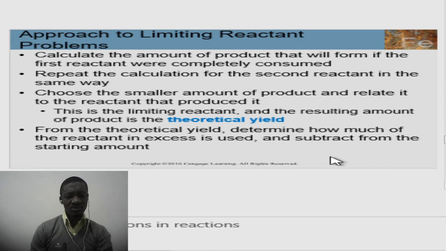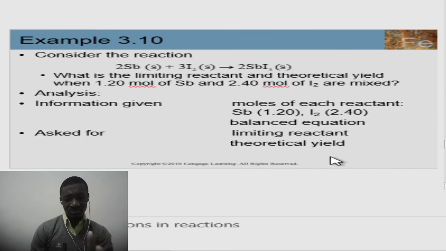So we have an example based on the imagery we just saw, of antimony and iodine reacting together to give you antimony iodide. They ask: what is the limiting reactant and theoretical yield, when 1.2 mole of antimony and 2.4 mole of iodine are mixed? Notice that 2 mole of antimony will give you 2 moles of this compound.